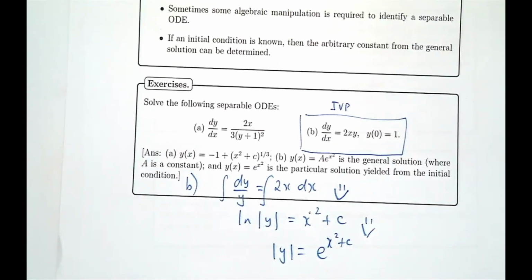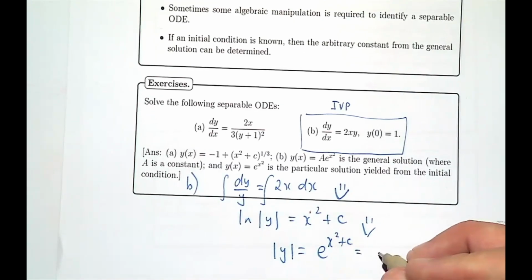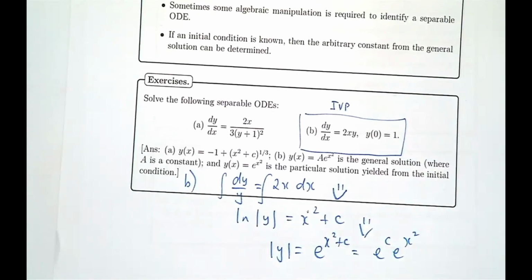I get something like this. So I'm on the right track because I've almost got the y on its own, but I've just got to manage this absolute value sign. Let's write it like that. So that's just the exponent laws.